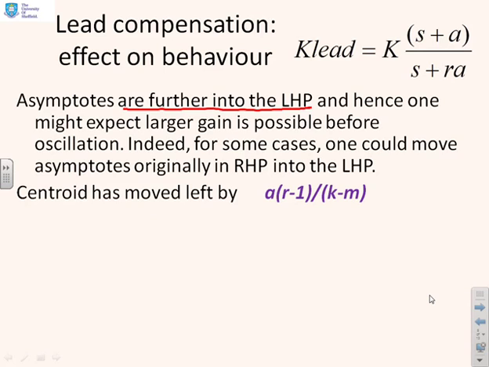And the implication of that is we would expect that we can use a larger gain K before we get oscillatory poles. Or indeed, in some cases, you can actually move asymptotes that were originally in the right half plane into the left half plane. Now, the amount the centroid has moved left is given by this formula here. You'll notice I've taken the sign out and just written a positive number.